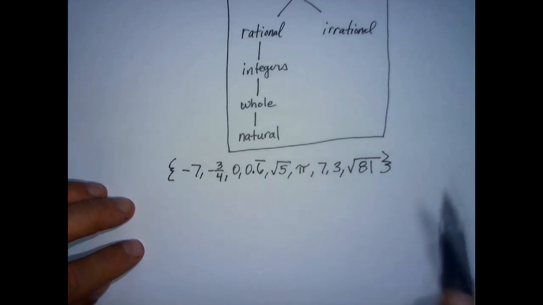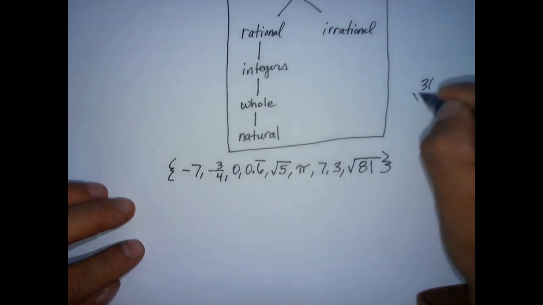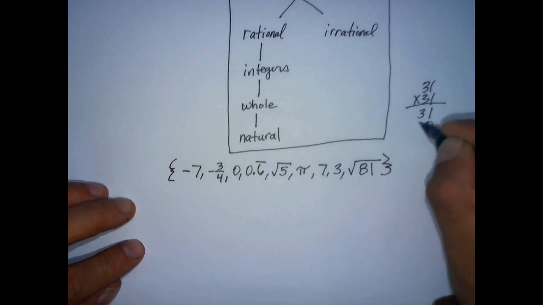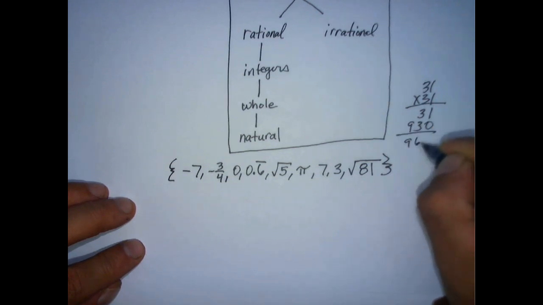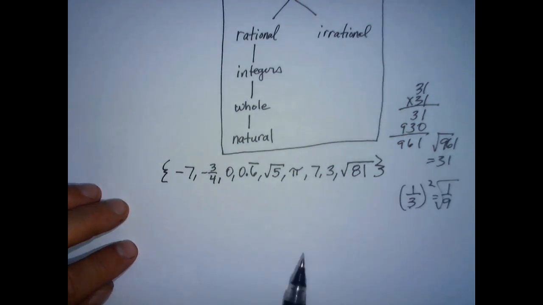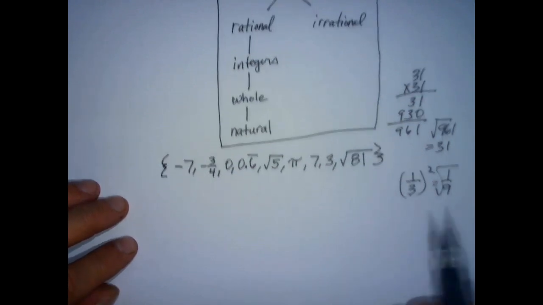If you can go, oh, okay, 31 times 31 is 961, that means the square root of 961 is 31. If you take 1/3 and square it, you get 1/9. So the square root of 1/9 has to be 1/3. Those are rational numbers. They're based on numbers that we already have out there. They're called perfect squares. Okay.